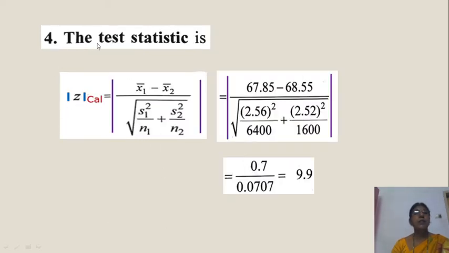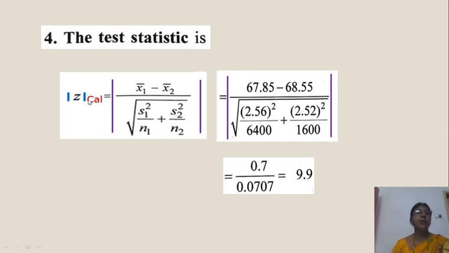Now the fourth step, the test statistic, meaning Z calculated. Here sigma 1 and sigma 2 are not given; S1 and S2 are given. So you observe, we change the formula: in place of sigma 1 square we take S1 square, and in place of sigma 2 square we take S2 square.